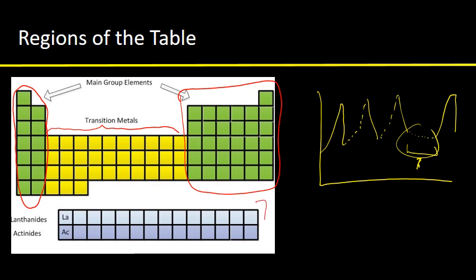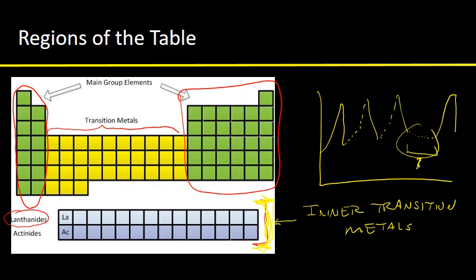Now down below the table, there are 2 more groups. As a group, this whole set here, both rows, are sometimes called the inner transition metals. But more commonly, this first row are called the lanthanides, and the second row are called the actinides.